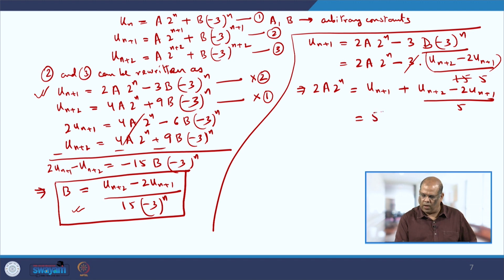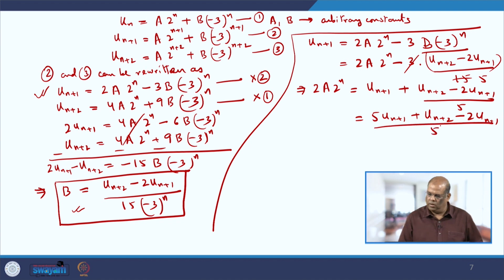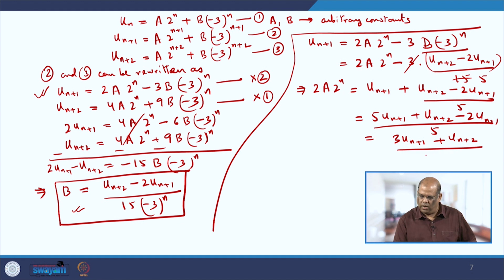So, (5u_{n+1} + u_{n+2} − 2u_{n+1}) divided by 5. So, I get (3u_{n+1} + u_{n+2}) divided by 10 to the power n, and that value is a.